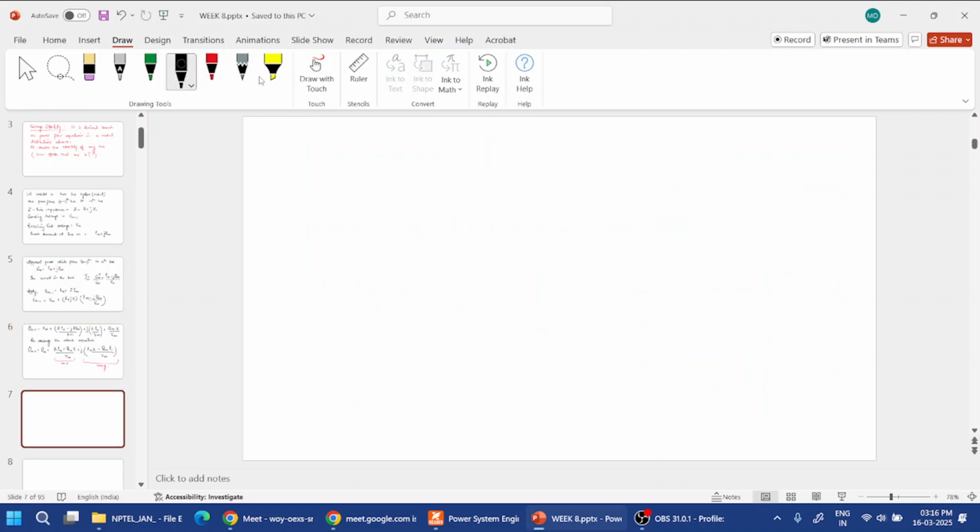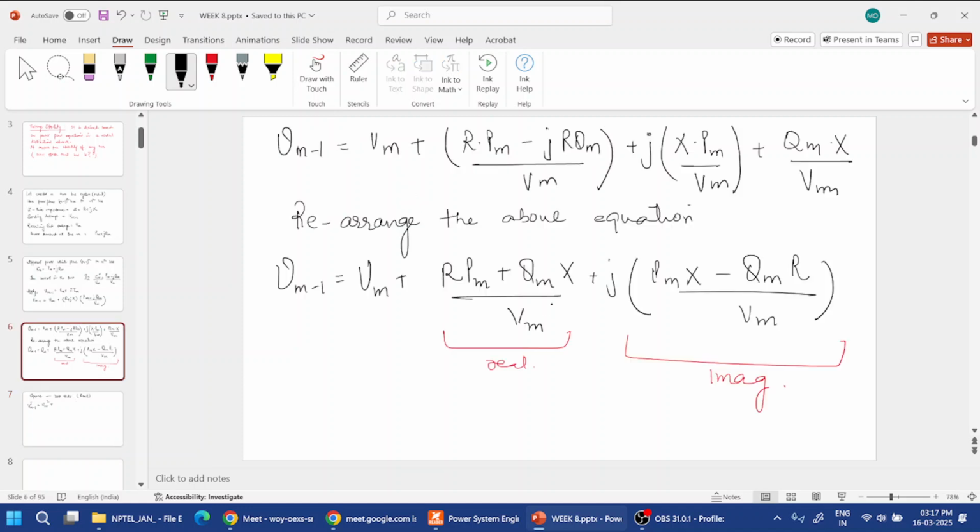So what we do, we square on both sides. It will be Vm minus 1 whole square equal to the square of the real part plus the square of the imaginary part.